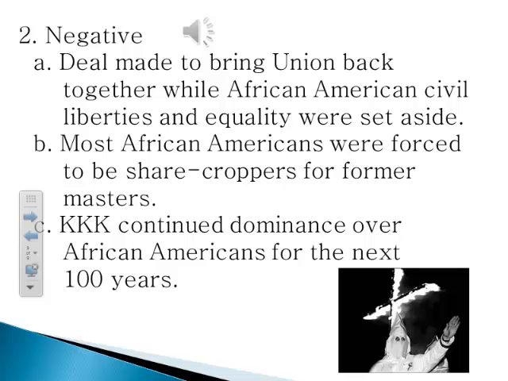The negative results of Reconstruction basically occurred because white Southerners could not accept blacks exercising basic rights like holding office or voting. And so through violence and discriminatory voting laws, this led to fewer black votes, which allowed white Southerners to get elected again.